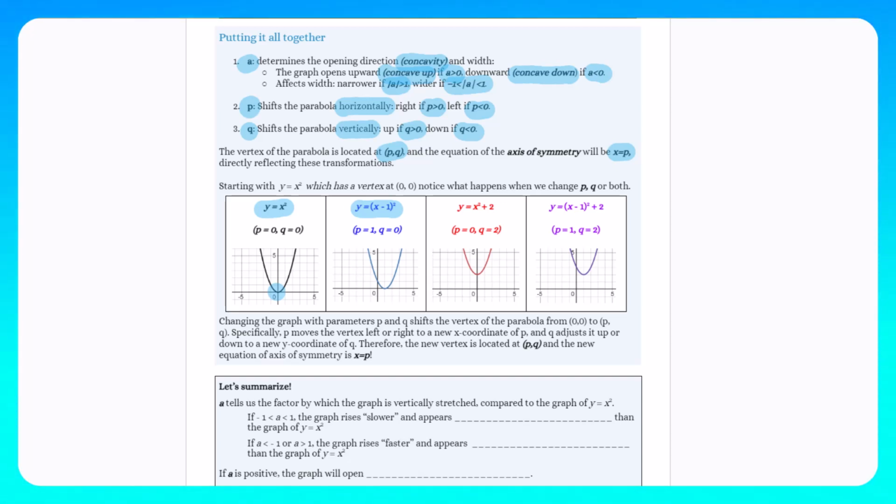Well, we get that horizontal shift right here where the axis of symmetry is now x equals 1. For the next one here, when y equals x squared plus 2, notice the original graph gets pushed up. The axis of symmetry is still 0, but that vertex now is 0 and 2.